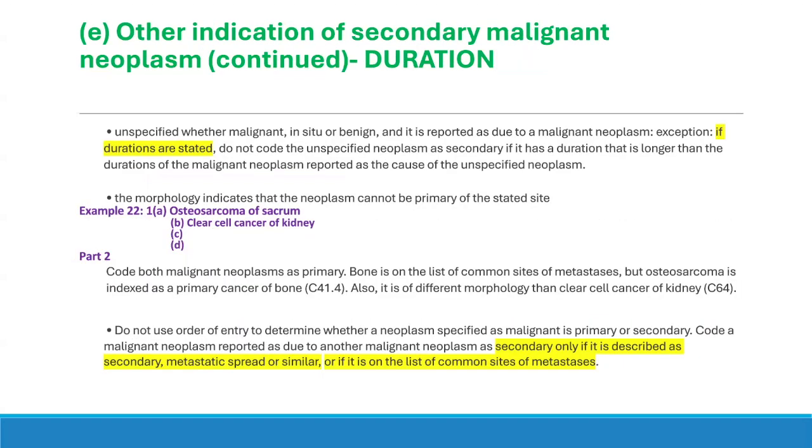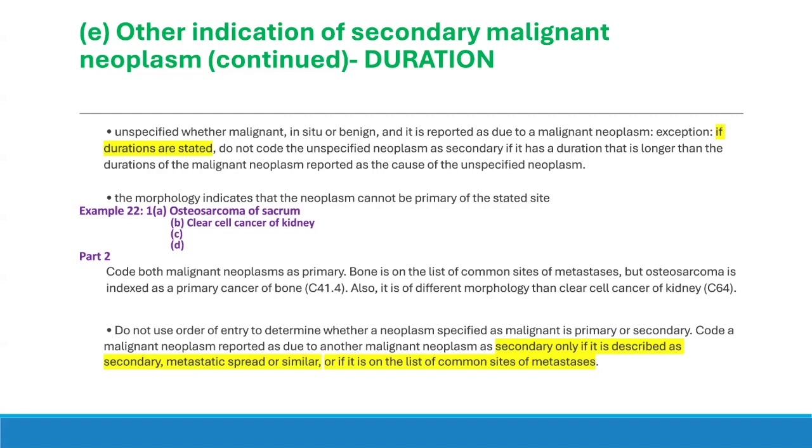When coding neoplasms, if the duration of unspecified neoplasm is longer than the malignant neoplasm reported as its cause, it should not be coded as secondary, regardless of the commonality of its site for metastasis. In the example provided, both osteosarcoma of the sacrum and clear cell cancer of the kidney are coded primary neoplasms, despite bone being a common site for metastasis, because they differ in morphology and neither is described specifically as secondary or metastatic.